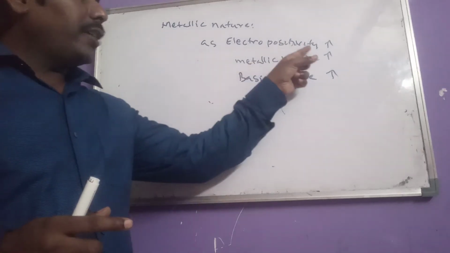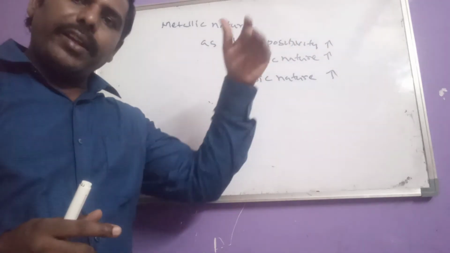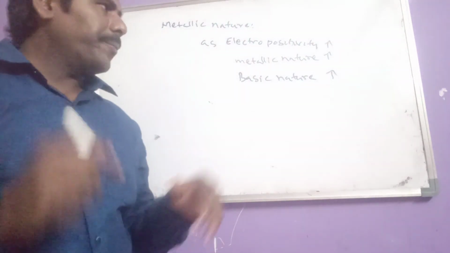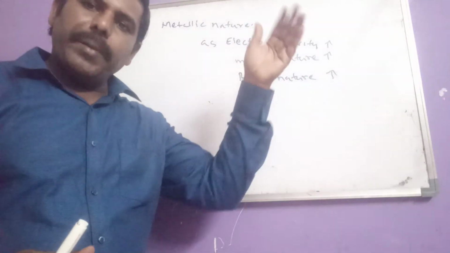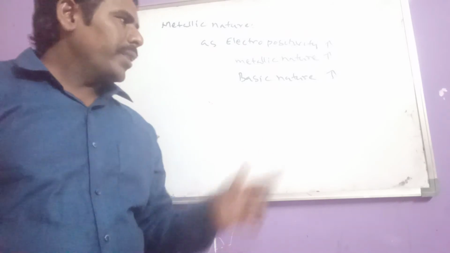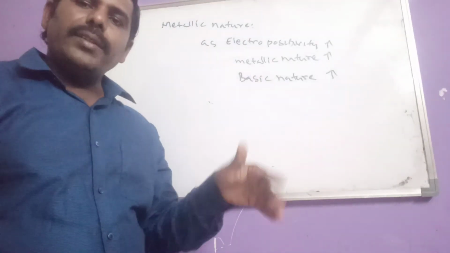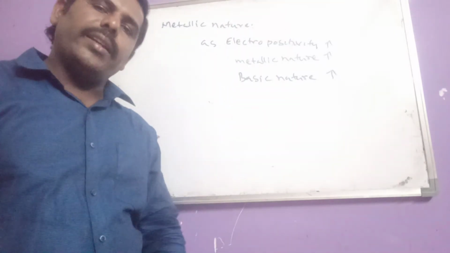First, electropositivity increases, that means electronegativity decreases. Second, metallic nature increases, that means non-metallic nature decreases. Third, basic nature increases, meaning acidic nature decreases.